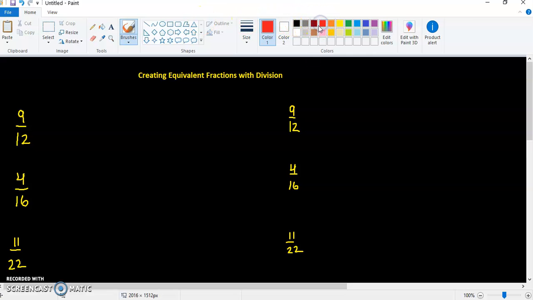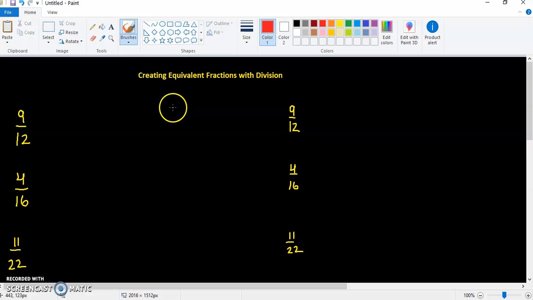I don't know if you watched the previous video that I created where I showed you how to make equivalent fractions by multiplying both the numerator and the denominator by the same number. And the reason we're able to do that is because remember, if you multiply any number times one, then the number doesn't change.